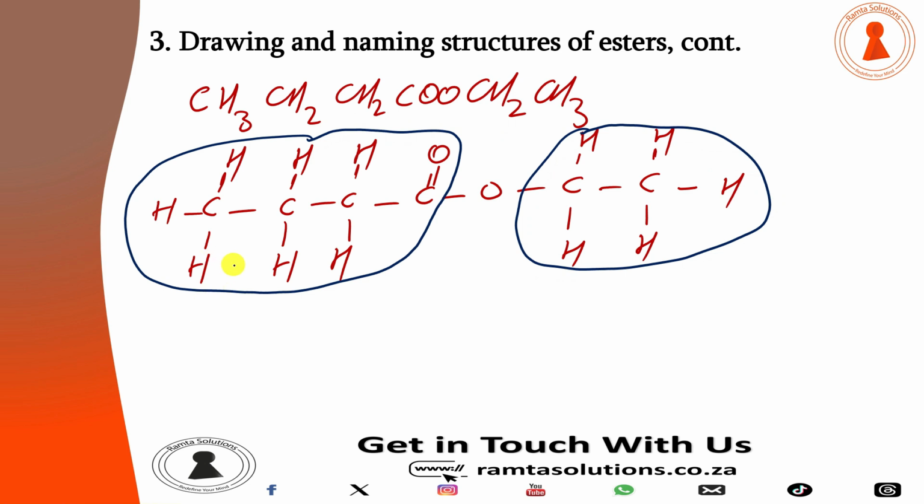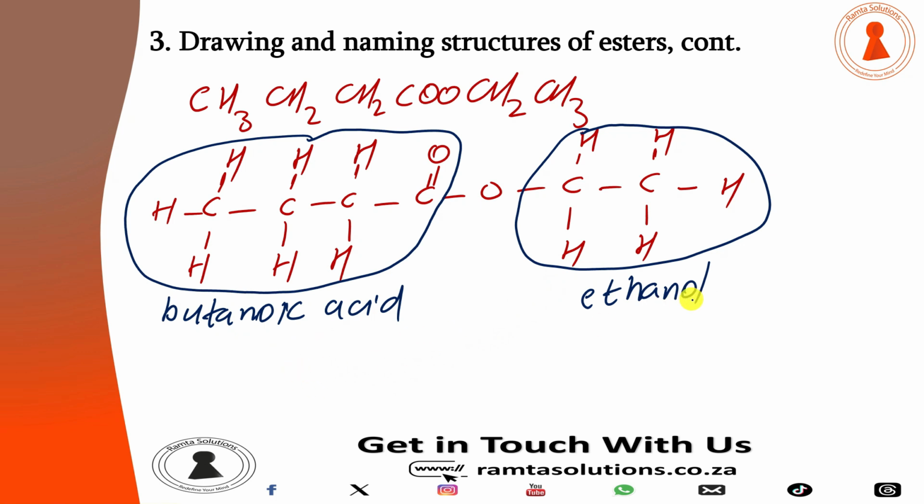So this longest chain is 1, 2, 3, 4, what we call butanoic acid. And this is 1, 2, it's an alcohol, ethanol. Now, what is the name of this compound?